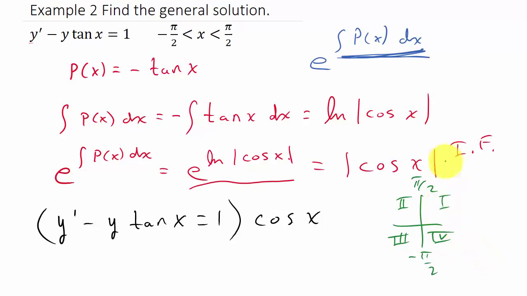So you can see that I'm in the first and fourth quadrant, and cosine's always positive. So I don't need my absolute value symbols here, because since x is here and here, cosine x is positive. So that's why I can get rid of those absolute value symbols. Alright.